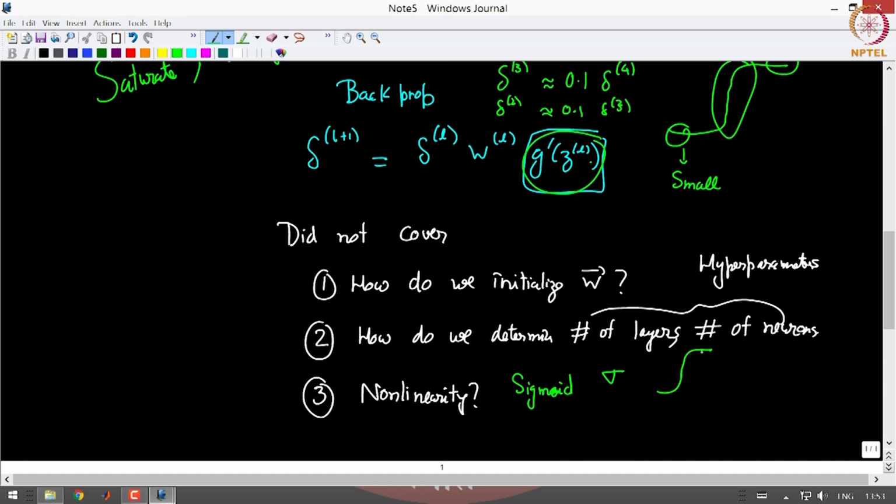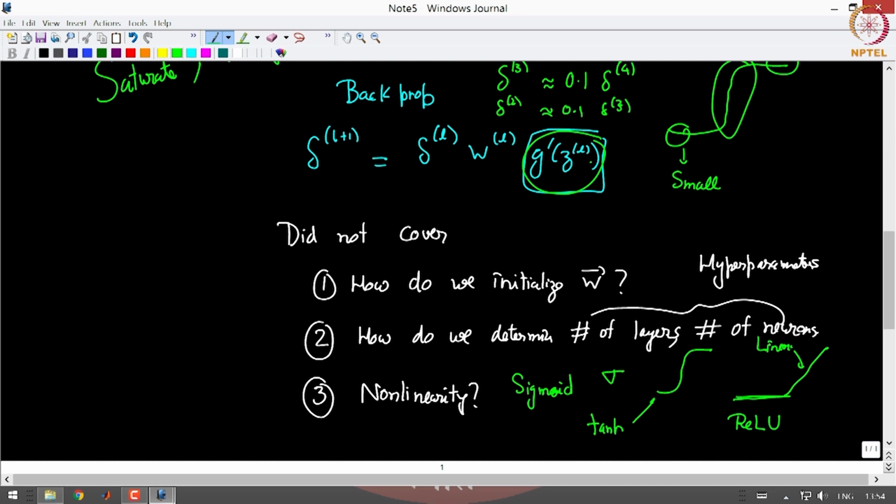Okay, one is tanh, which is very similar to the sigmoid, and instead of going from 0 to 1, it goes from -1 to 1. Another possibility is something called rectified linear unit. In short, it is called ReLU. It is completely flat at one end and then it is simply linear. Okay. Now, different choices can be made for different problems.